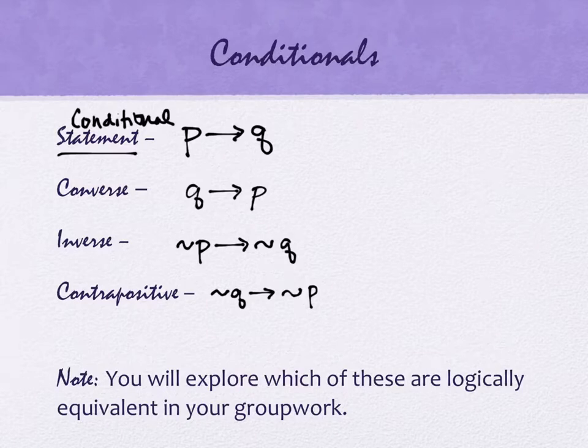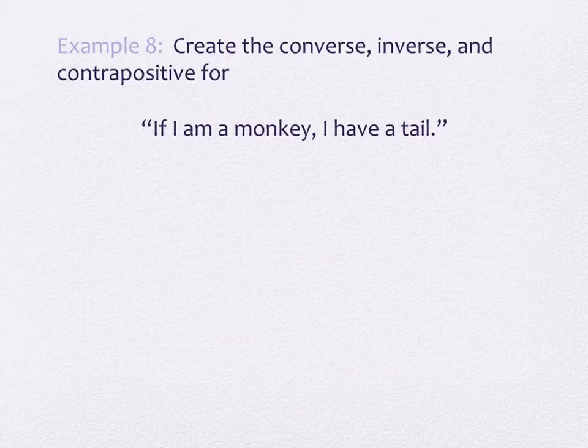So let's take a look at an example about monkeys and apes and writing those statements the way they actually show up. So when we're looking at these, this is the original statement. The original statement is, if I'm a monkey, I have a tail. And that actually works. That was probably what the zoo lady said to Larry, right?